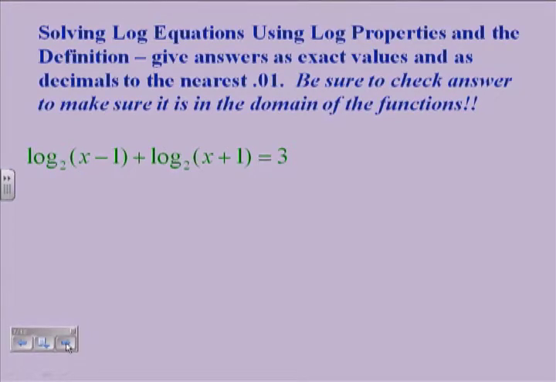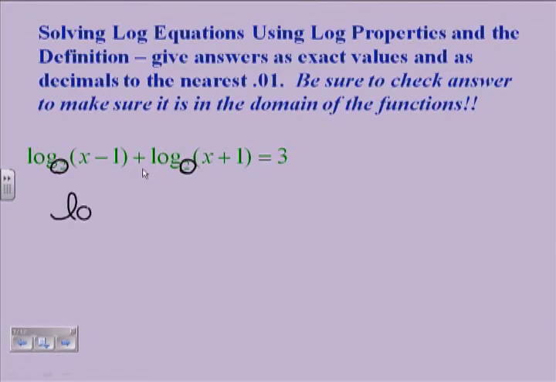There are a couple of routes that you might follow, but I'm going to take a particular one. I notice that I have addition of logarithms, and something else I must make a note of is that they do have the exact same base. They have to, in order for me to apply these properties. Since they're both base 2, it is addition.